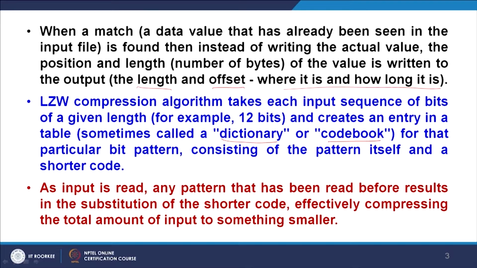So, by this we can achieve LZW compression, and later on this table is read, and any pattern that has been read before results in the substitution of a shorter code, effectively compressing the total amount of input to a smaller file.